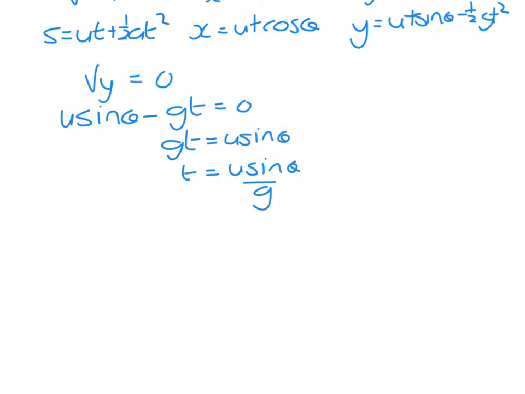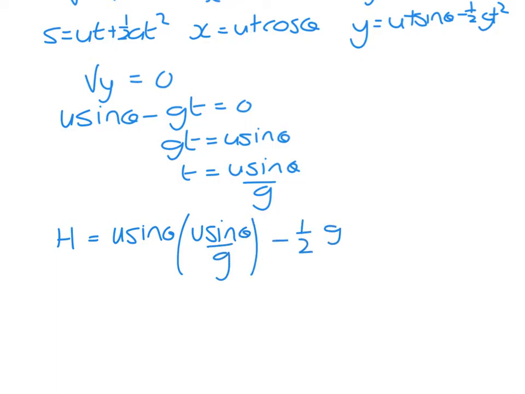To find h, we now need to substitute this into our y formula. U sine theta times t minus 1/2 g of t squared, so that's u squared sine squared theta all over g squared, and the g cancels with the g squared.